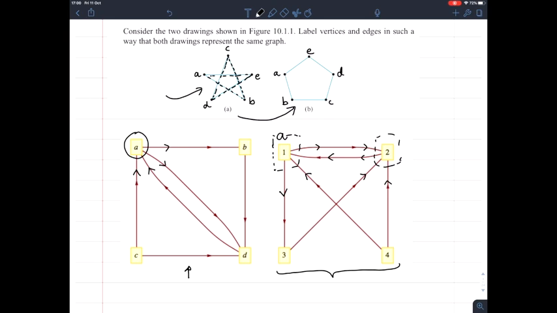So now if we follow through as we did in the previous example, we can see that the edge that goes from A to B by itself must be this edge here, so we'll label 3 as B, and we must have that D as 2, and finally that C is 4.